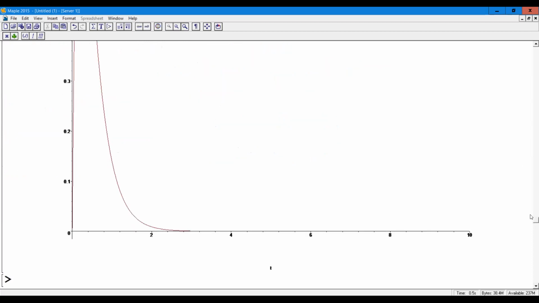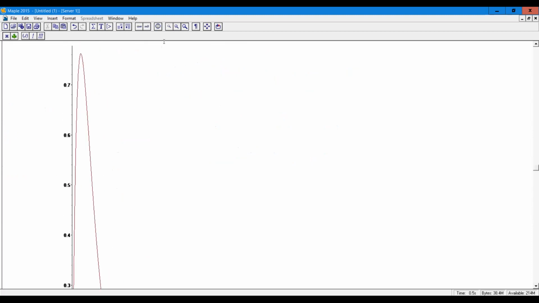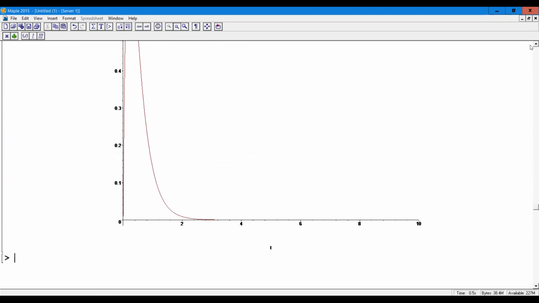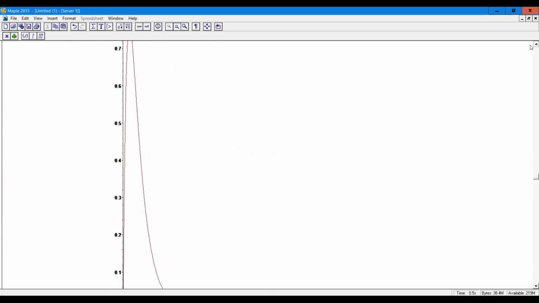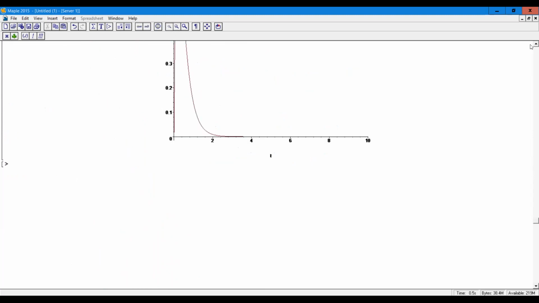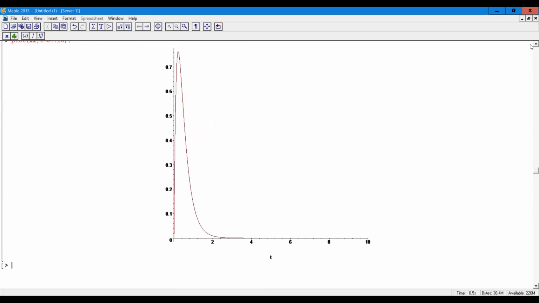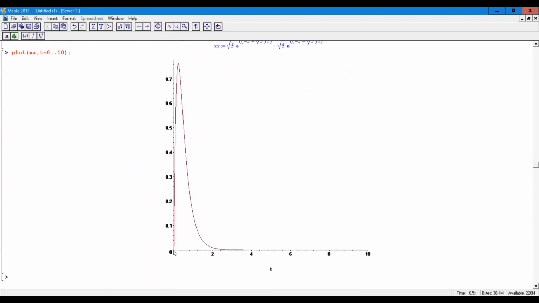Here you can see, due to the initial condition, which is 10 meters per second, it starts from 0, let me make this smaller. Okay, here you can see it starts from 0.